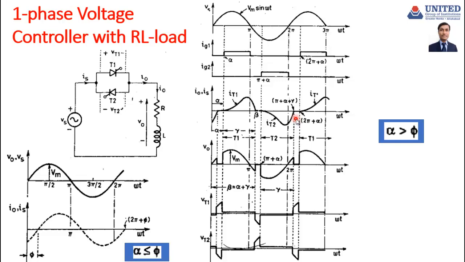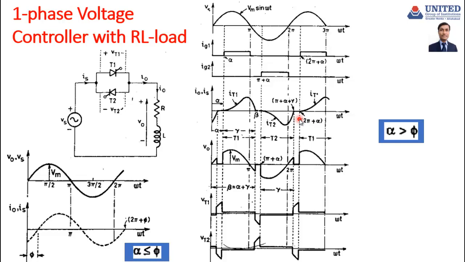At pi plus alpha plus gamma, Vm sin of pi plus alpha plus gamma appears as a forward bias across T1 and as a reverse bias across T2. From pi plus alpha plus gamma to 2 pi plus alpha, no current exists in the power circuit.